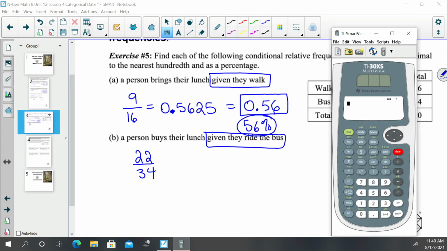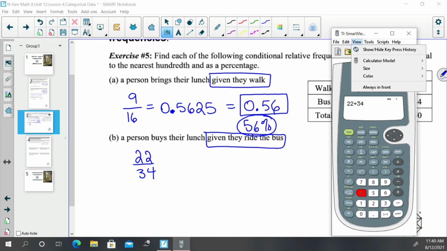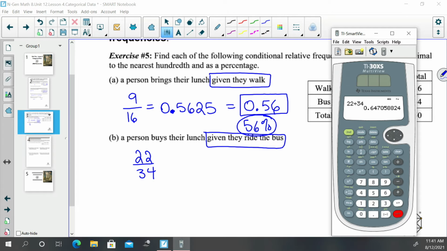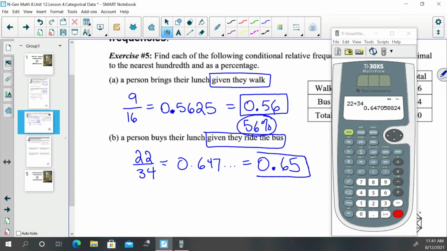All right, 22 divided by 34 gives us 0.647, whoops, that should be a 4, 0.647, etc., rounded to the nearest hundredth, which we almost always do with these, is 0.65, and that is also 65%.